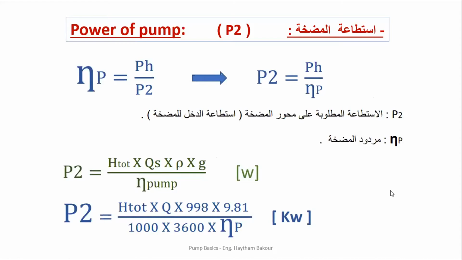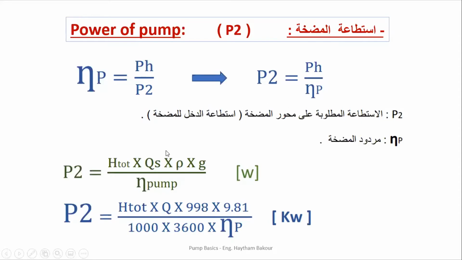As for the power of the pump, the efficiency of the pump represents the losses we have. It is the PH divided by the power of the pump. As a result, P2 is PH divided by the efficiency of the pump.